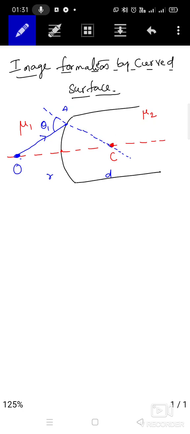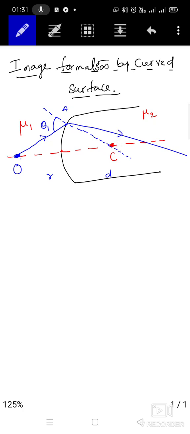So now the light ray travels from rarer medium to denser medium, and the refracted ray bends towards the normal. This is the normal, and bending towards the normal means it bends like this. So this is the refracted ray.